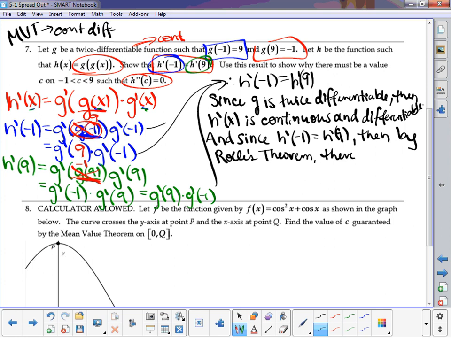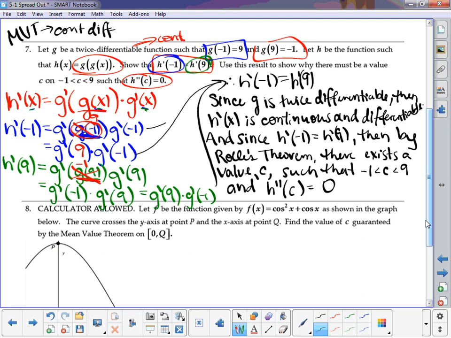There exists a value c, such that c falls within the interval from -1 to 9, and the derivative at c, which is the derivative of h prime, so h double prime of c, must equal 0.